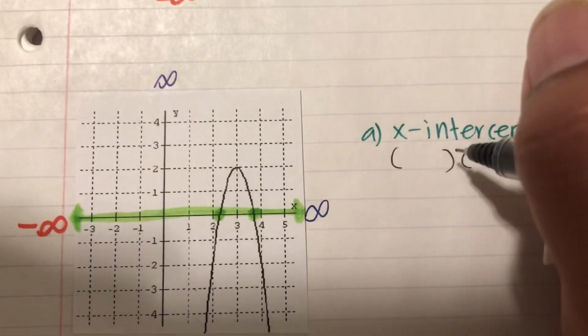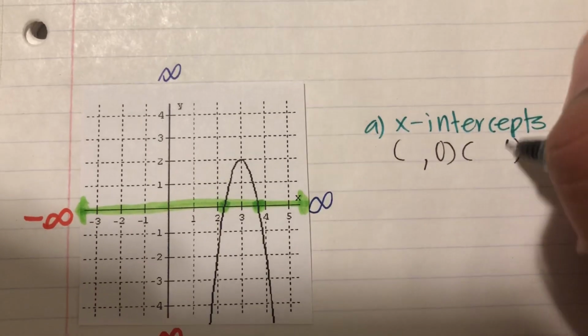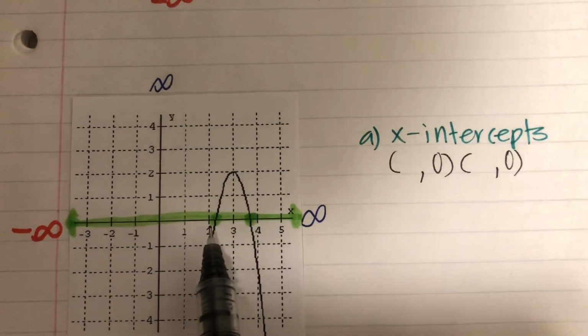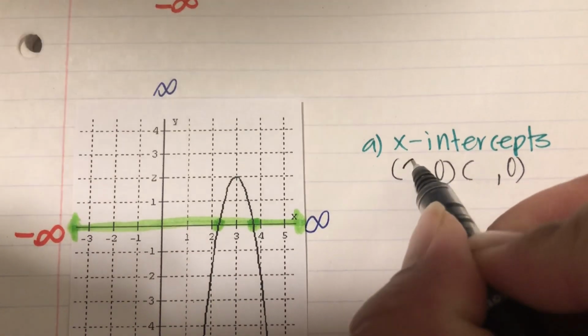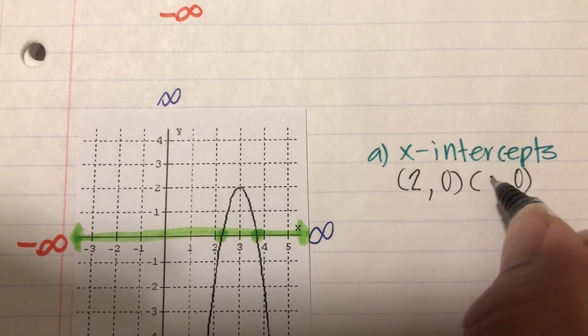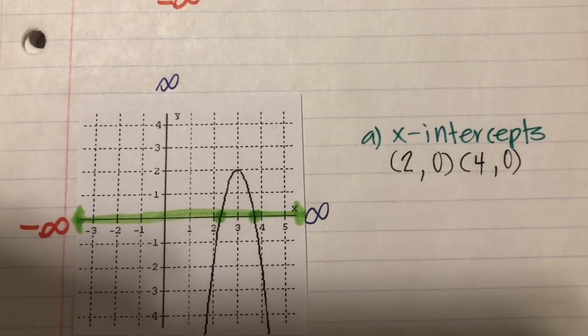And I'm gonna do my zeros because I know that those are gonna be there. If we stretch this out a little bit more, where would it have been touching? 2. And what about here? If we stretch it out a little bit this way, it would have been touching the 4.